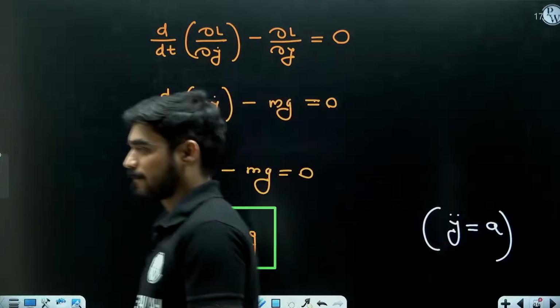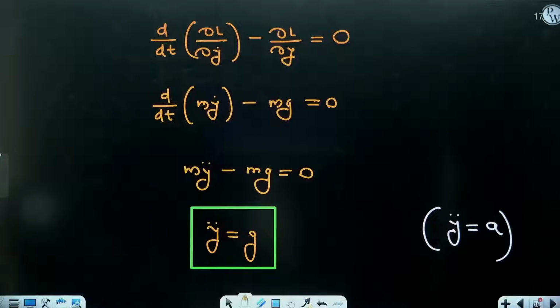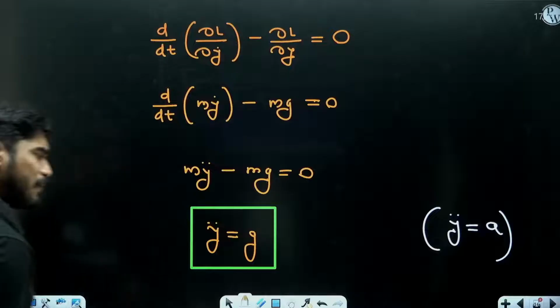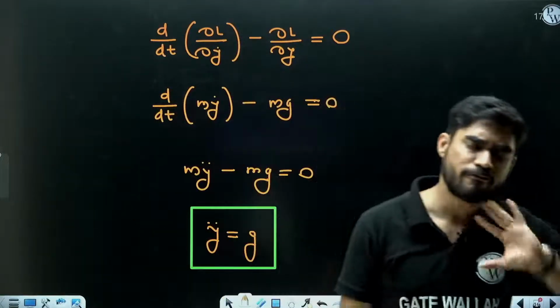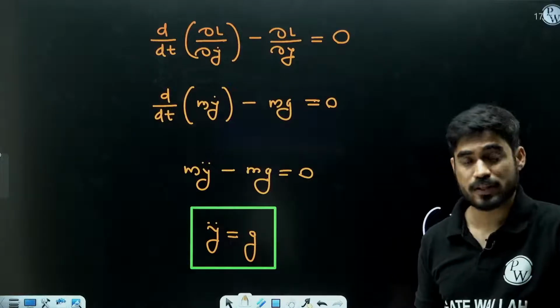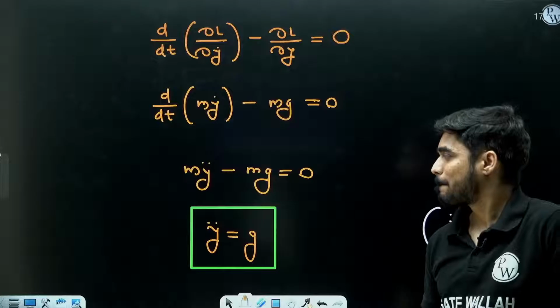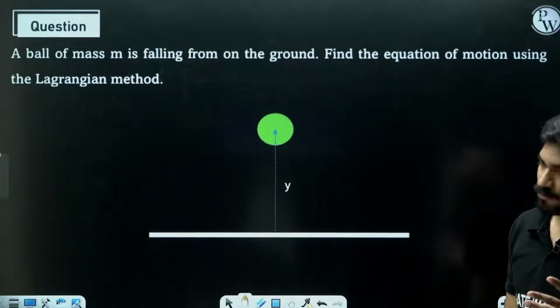When there is only one single force or two forces in the same direction, Newtonian mechanics is very easy. But when there are multiple forces in different directions, it will become very tedious to calculate forces. Then Lagrangian mechanics is very easy. I hope you understood the basics of Lagrangian.